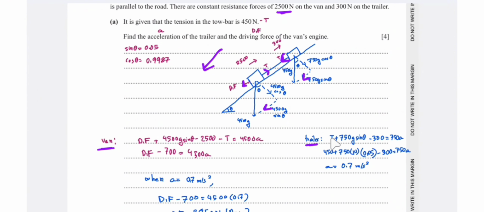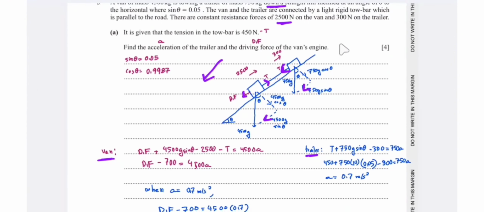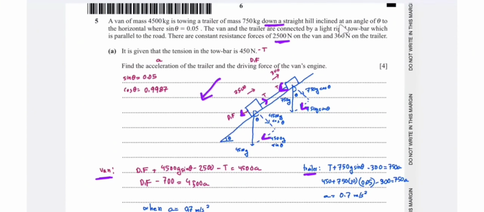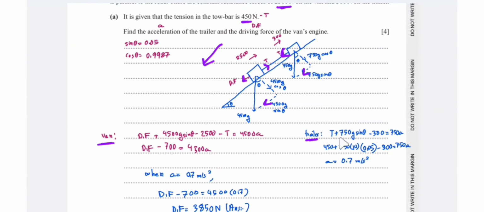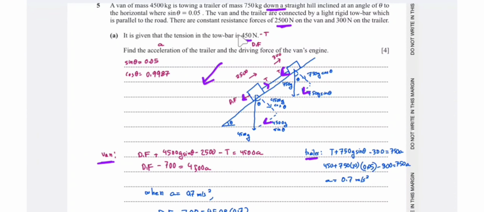Now for the trailer, we know the value of tension, that is 450 Newton. G is 10 meter per second square for mechanics, and 9.81 meter per second square for physics.